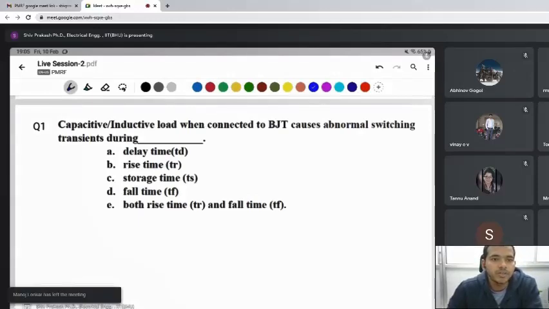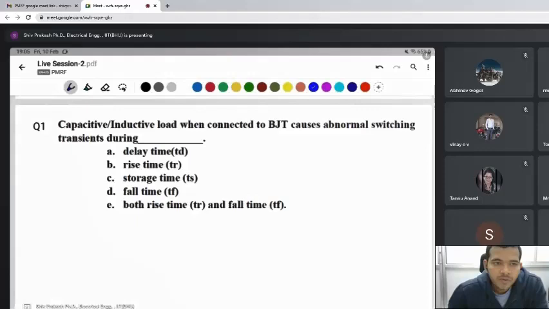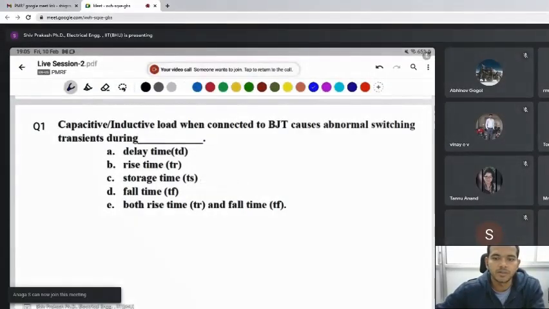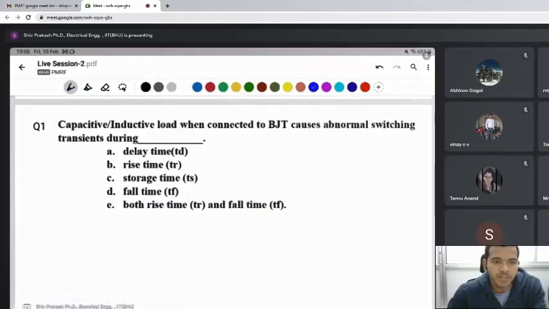A capacitive or inductive load when connected to the BJT causes abnormal switching transients during... Everyone knows about the capacitor and inductor. The capacitor does not allow a sudden change in voltage, and the inductor does not allow a sudden change in current.